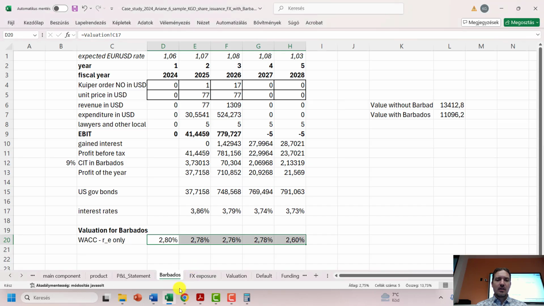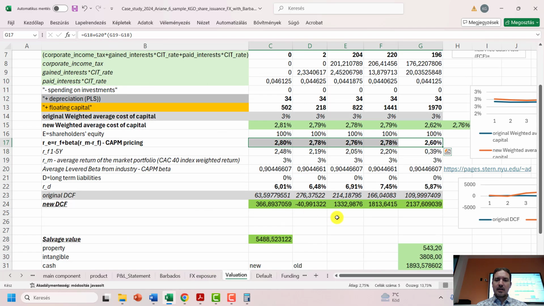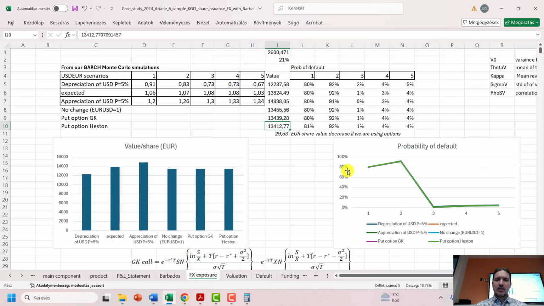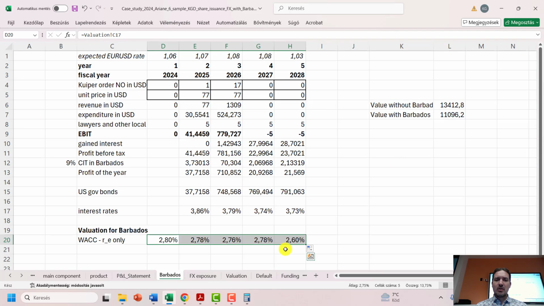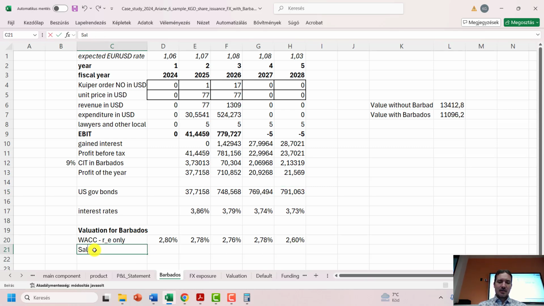And after that, I can also say that the value of this whole company is what is produced here. So at the end of the day, this is salvage value only. The whole value of the Barbados company is the asset, not its ability to generate money. It's not generating anything, it's just collecting interest payments.